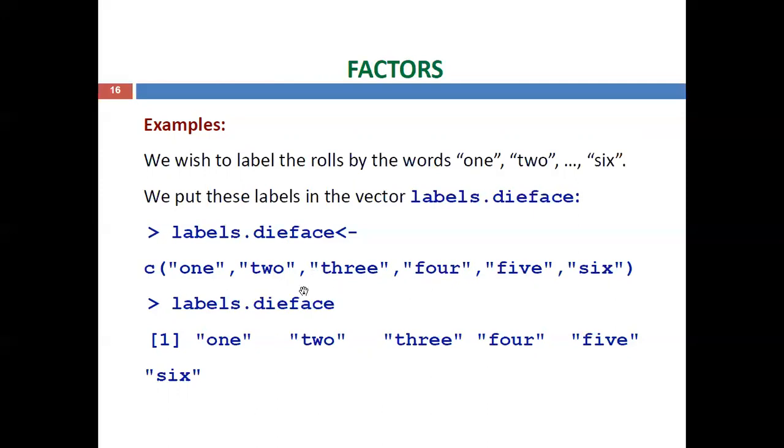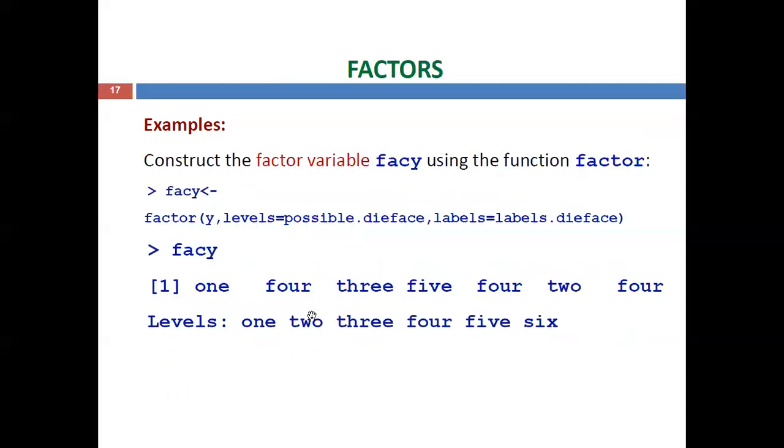But in the same order as y, whatever data is stored in y, in the same order it is labeled. Now you can see the first value is 1. Whenever you call FACY, in y, what is the first value? 1. Digit 1 is labeled with ONE. Then the next value is 4, labeled with FOUR. Next value is 3, labeled with THREE.